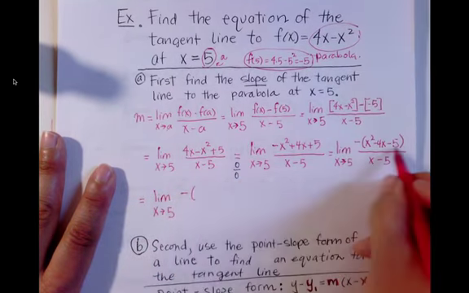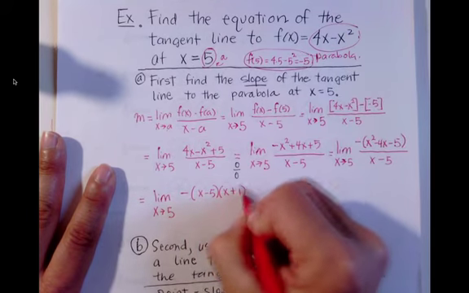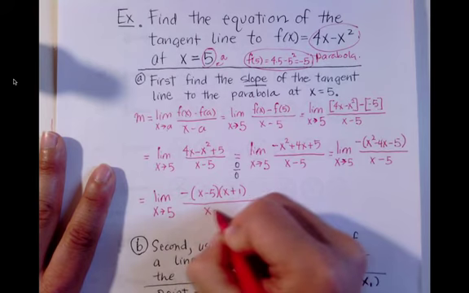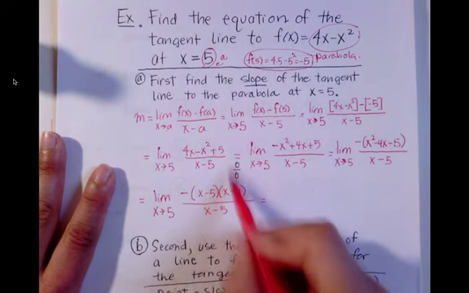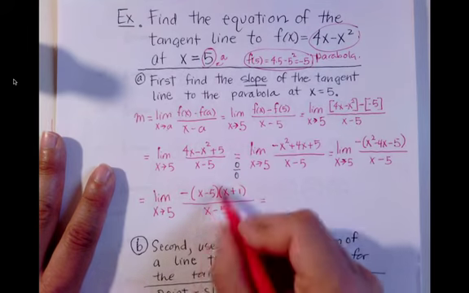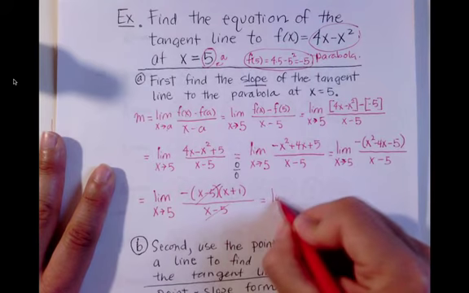This factors as x minus 5 times x plus 1. That removes the pesky factor that was causing this behavior. Remember, these functions are not equal, but the limits will be equal.